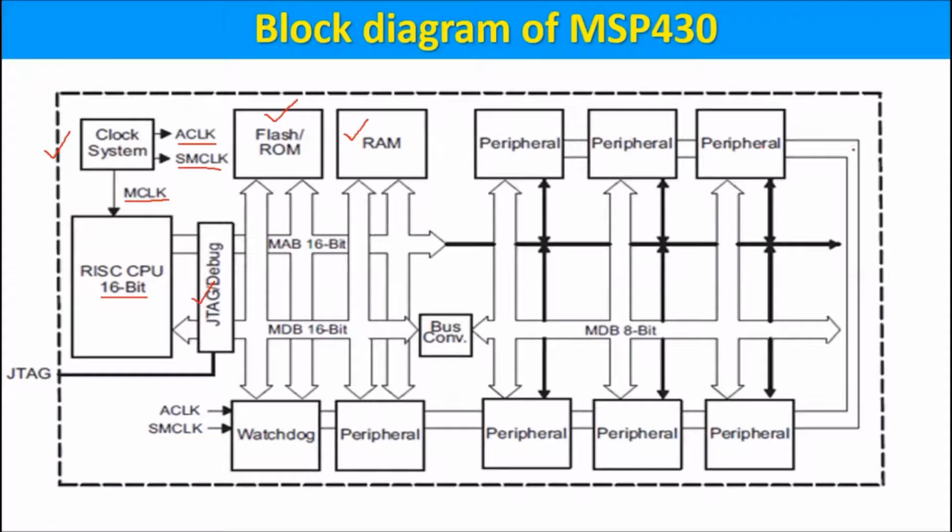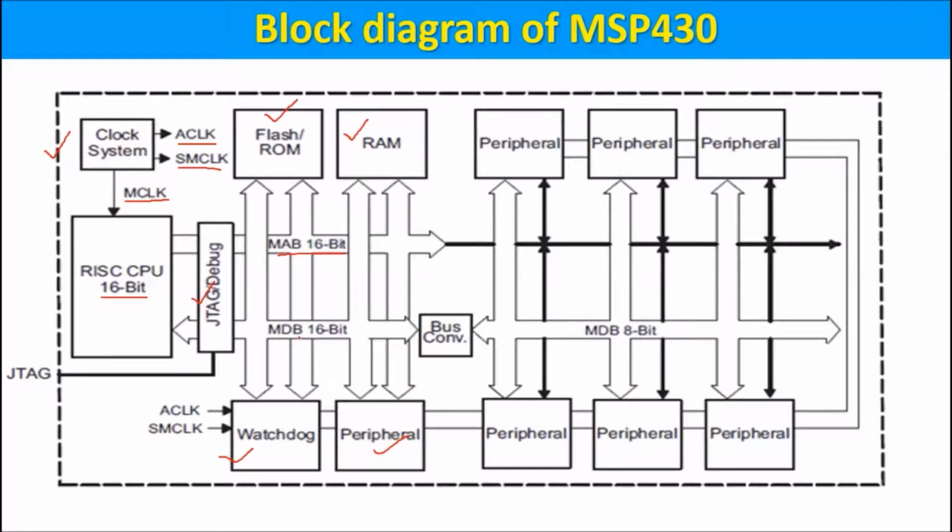Then a lot of peripheral devices are shown here. It has a watchdog timer. Here it is shown auxiliary clock, SMCLK. Then peripheral devices. A few peripheral devices may operate on SMCLK clock, that is faster peripheral devices, and slower peripheral devices operate on ACLK. Then it has a memory address bus of 16-bit. So all these peripheral devices are connected through this address bus.